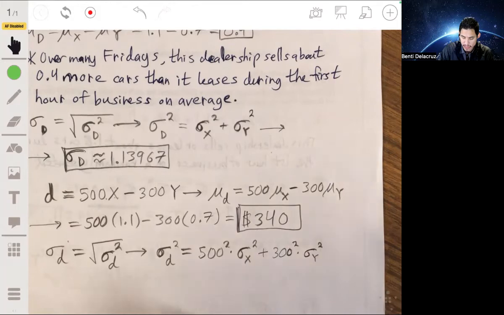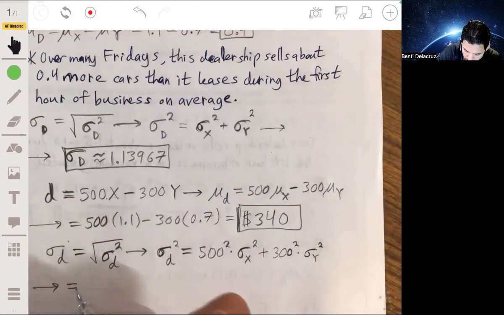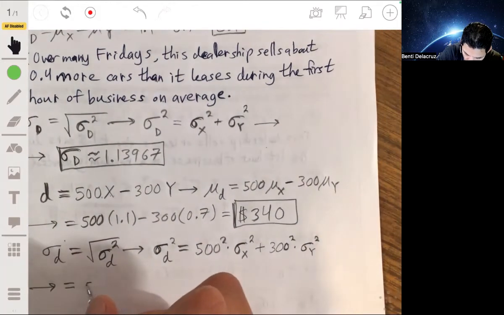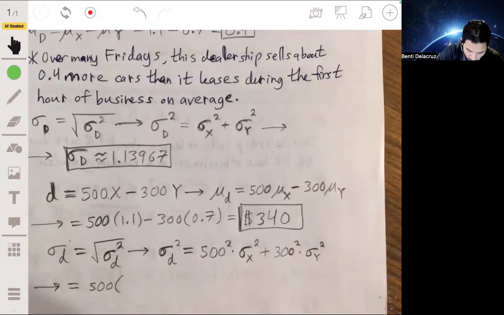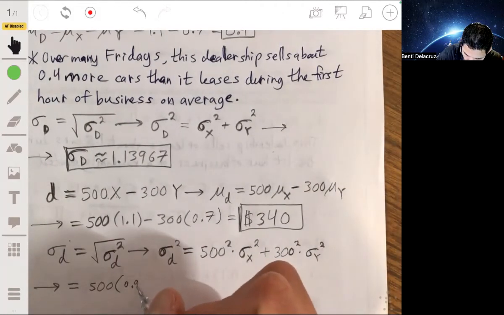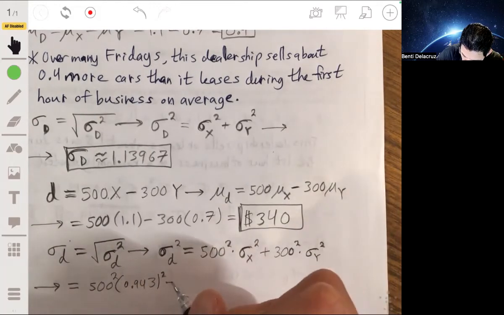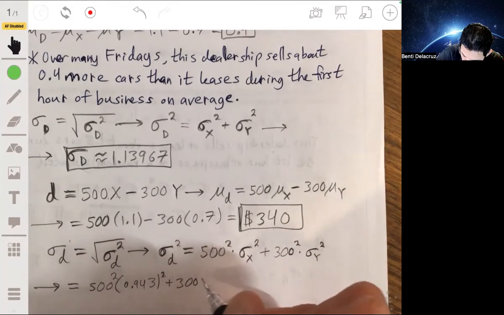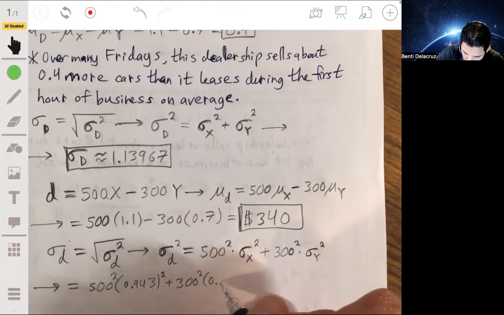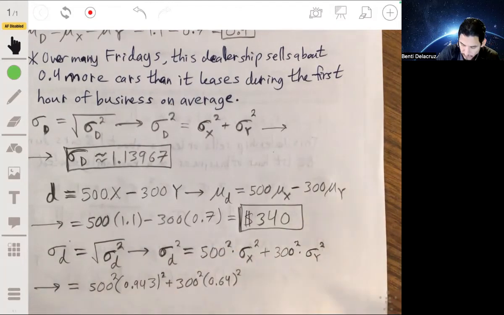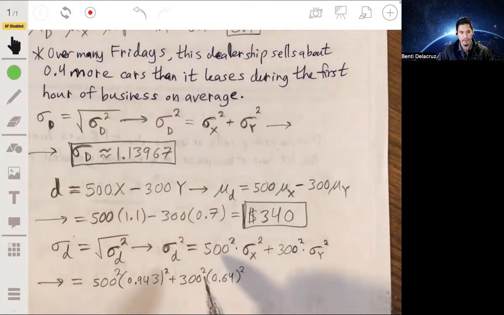And now it's just algebra work. So that'll be 500 squared times 0.943 squared, plus 300 squared times 0.64 squared. And you're going to notice, what's going on?